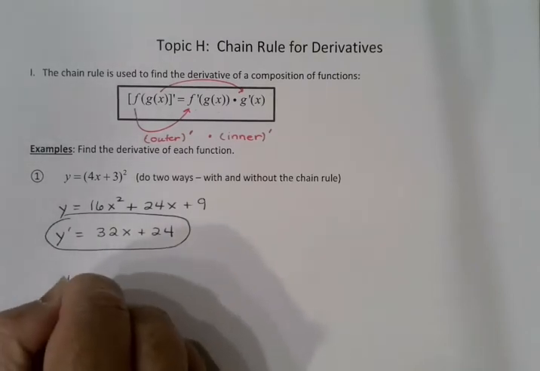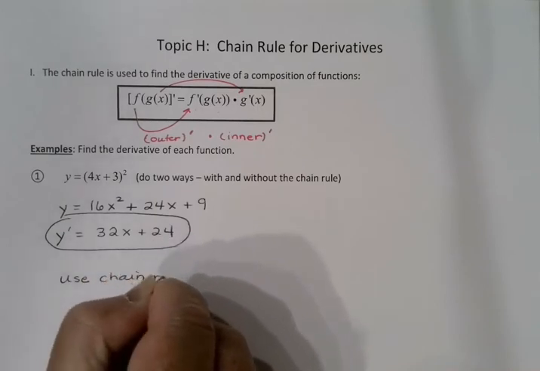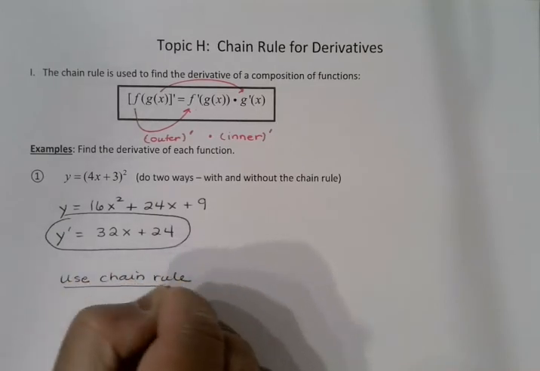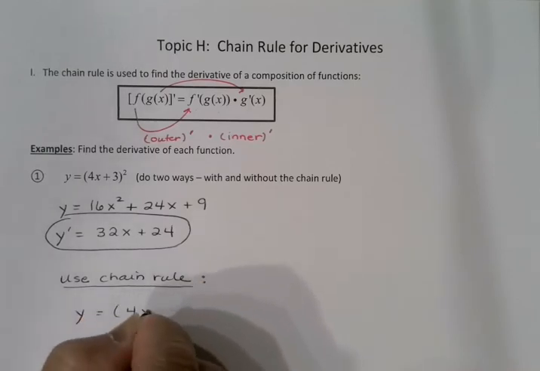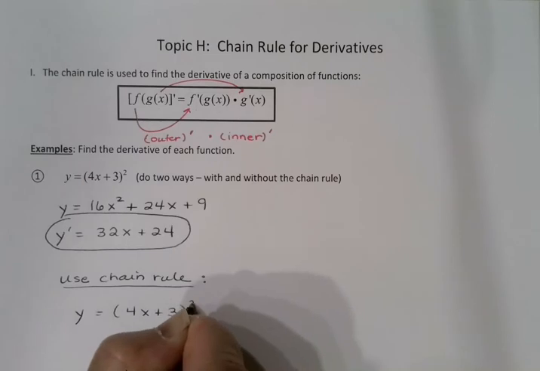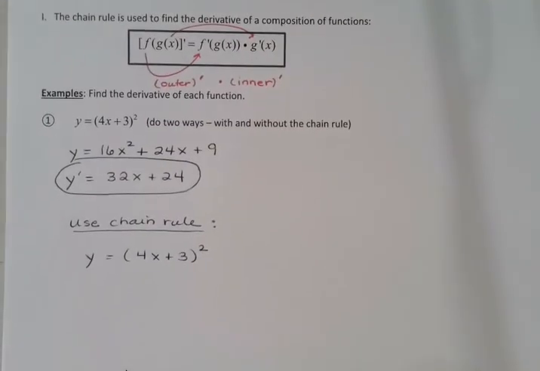Let's redo that same problem now using the chain rule. In order to use the chain rule, we need to identify what we mean by an outer function and an inner function.